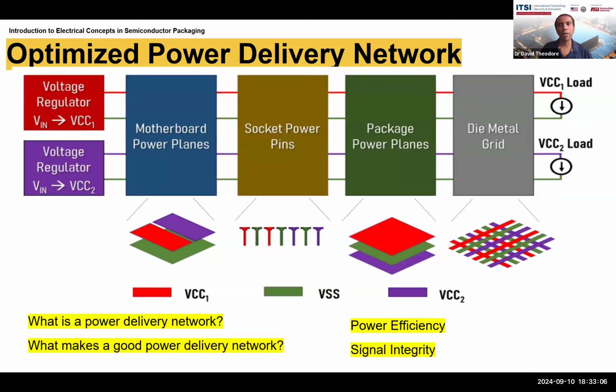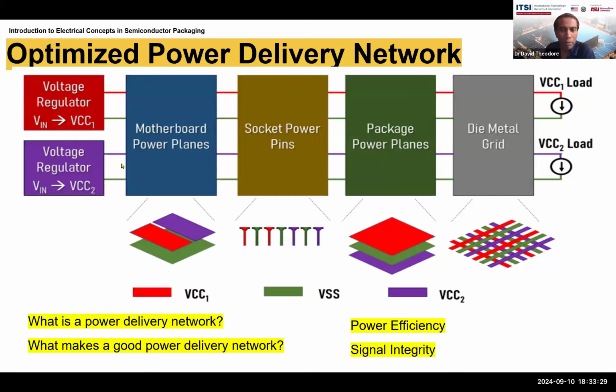One part of the die may be less susceptible to issues if you have a power glitch, for instance, like a voltage spike or a voltage drop, compared to another part. So you may use a more stringent voltage regulator for the more sensitive part of the circuit, and that's why you would separate these out.